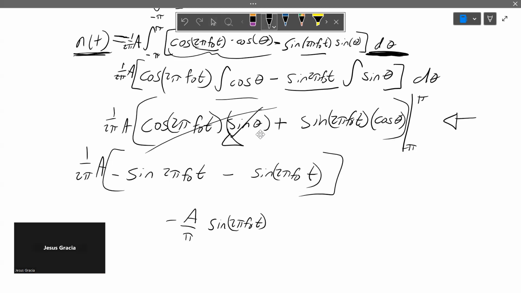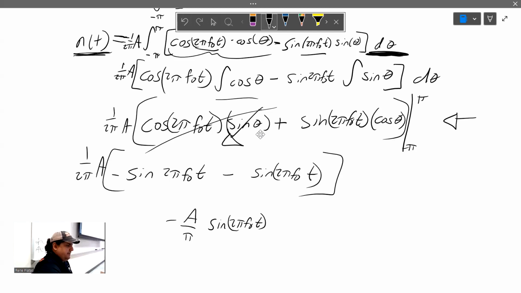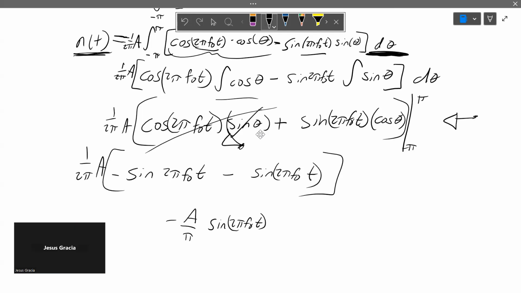No, I'm talking about where the arrow is. Because it's sine 2 pi f naught t cosine theta, and we're only integrating theta. So technically all that is still a constant, so we can take that out again.